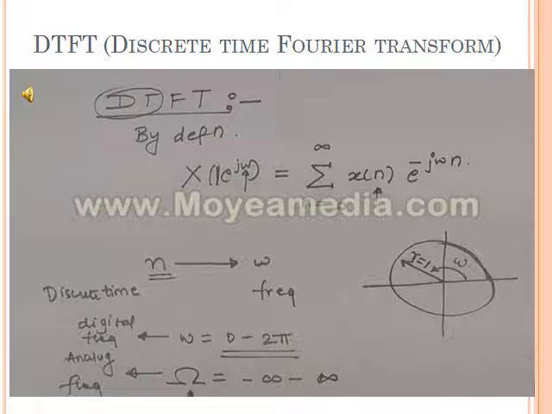So we are dividing this range into N equidistant samples. In the case of DFT, the signal produced, the DFT signal, can be processed by a digital system directly.